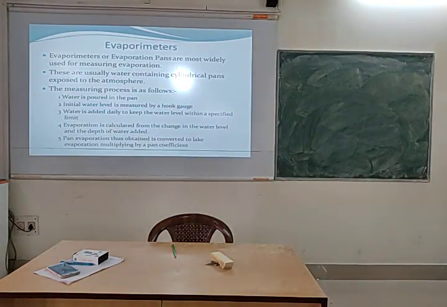I've already told you that some factors will be there, and we will multiply that factor to find out the evaporation in a larger body. Lake evaporation means, suppose a lake is there, what is the amount of evaporation from the lake? That is why you need to multiply by some pan coefficient to find out the evaporation from the lake.